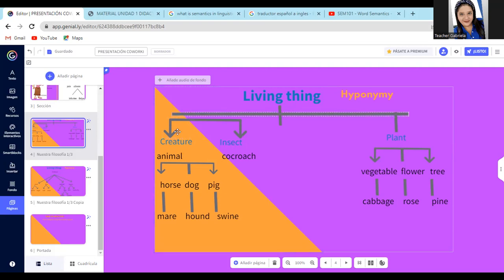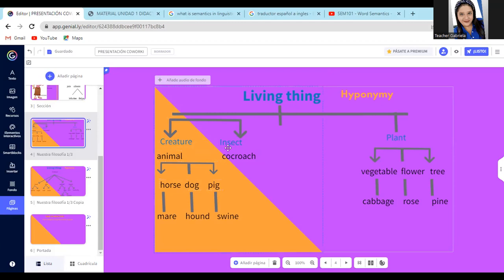And you can use this word, creature, because this word and this word are describing the word living thing. And I add another word that is animal. You are going to choose another kind of animal here. You cannot use the same that I use, right?